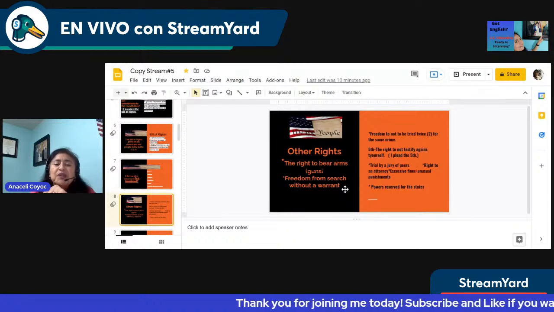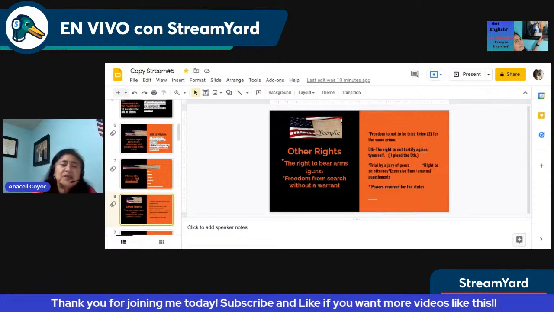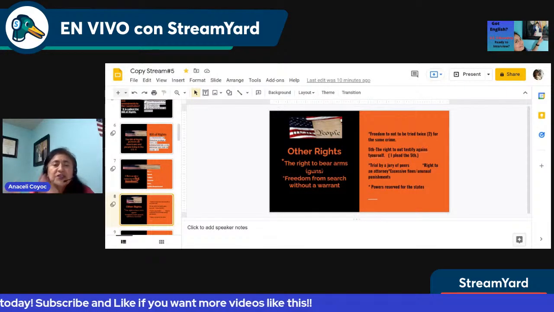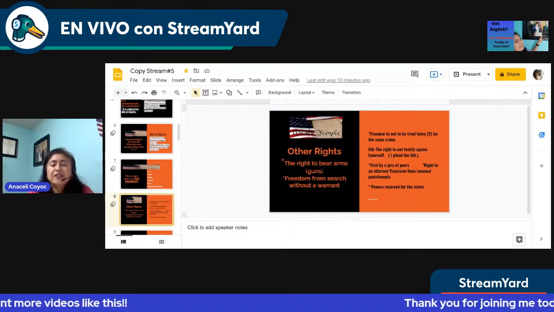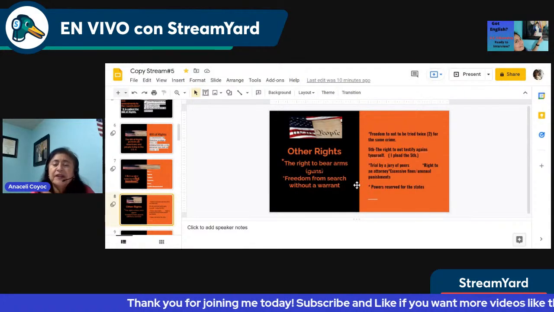Freedom from search without a warrant. That means if a police officer wants to come to your house, they need to have a warrant so that they can enter legally into your house. Okay, so the right to bear arms, the freedom from search without a warrant.